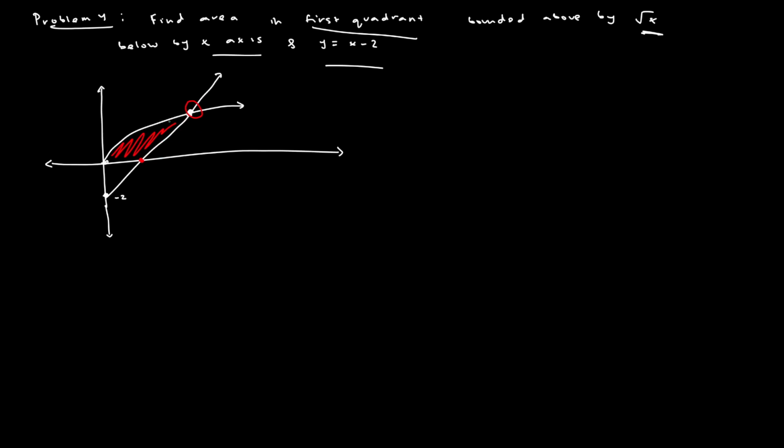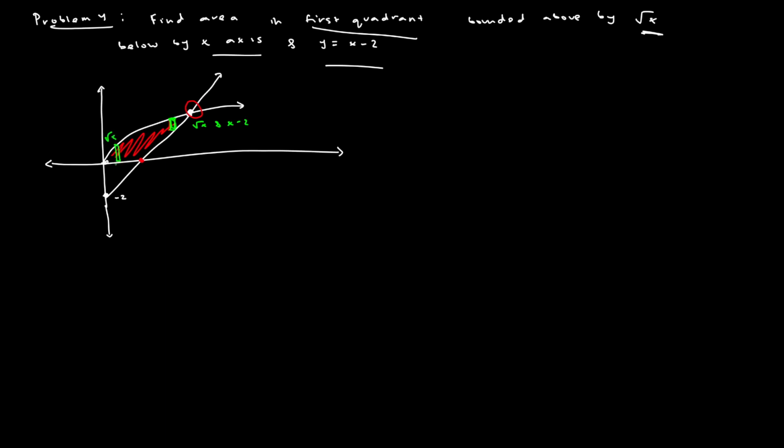Because now these strips after the second intersection point have a height that becomes the difference between the square root of x and x minus 2, and then over here the difference is just between square root of x and the x-axis, which is just y equals 0.